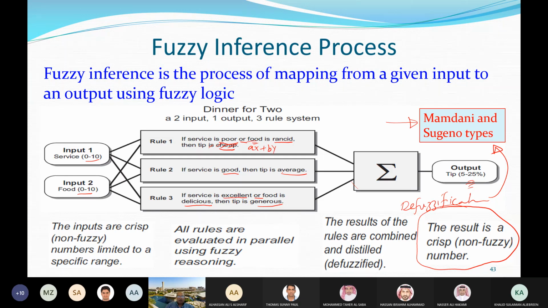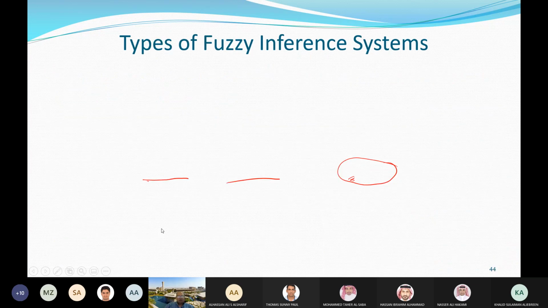You give it 3 out of 10, 4 out of 10, and you can have it in just a straight or linear equation. The output here, the tip here, is just numerical values. So this is the Sugeno type, where you have the output as numerical expression from the inputs. We will see this in details later on.